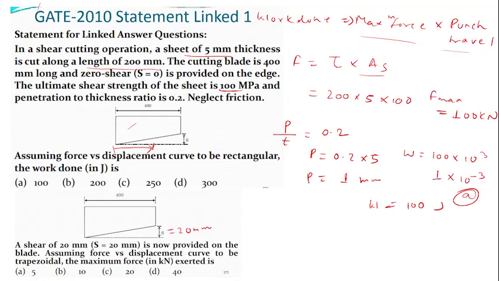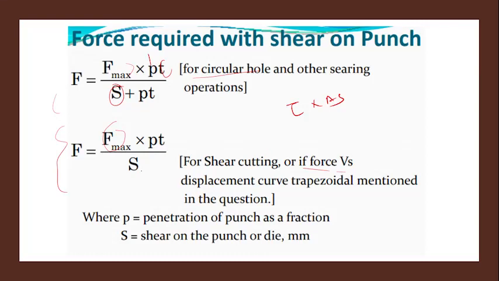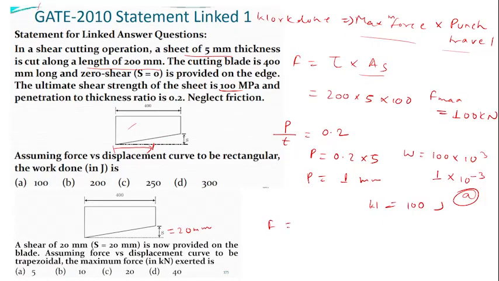Then they are asking you to calculate the maximum force. So what was the formula here for shear cutting with trapezoidal mentioned in the question? Your formula is F is equal to F max into PT divided by S, right?